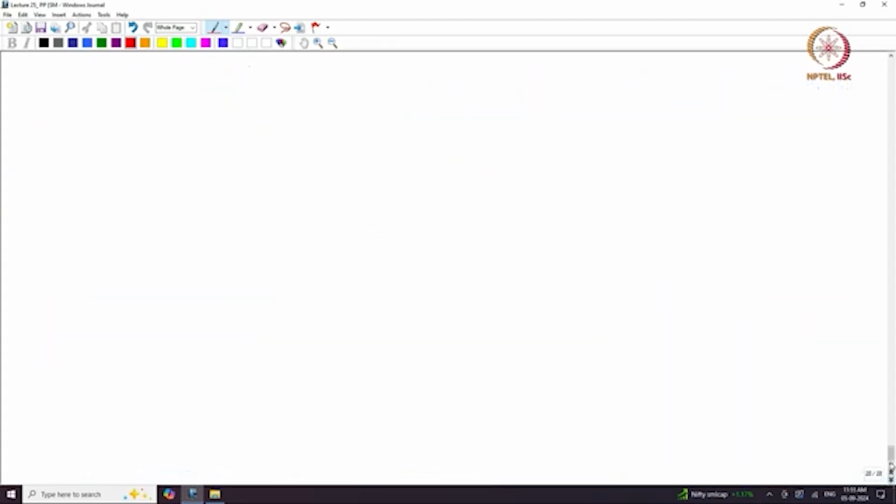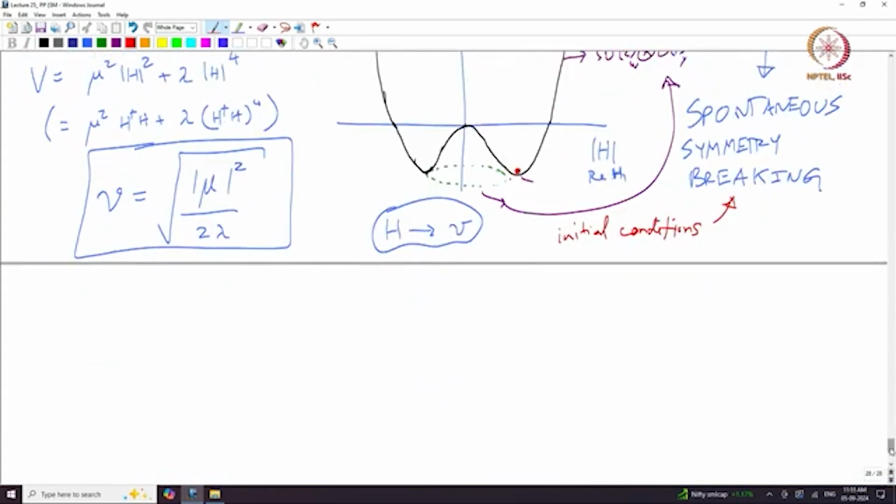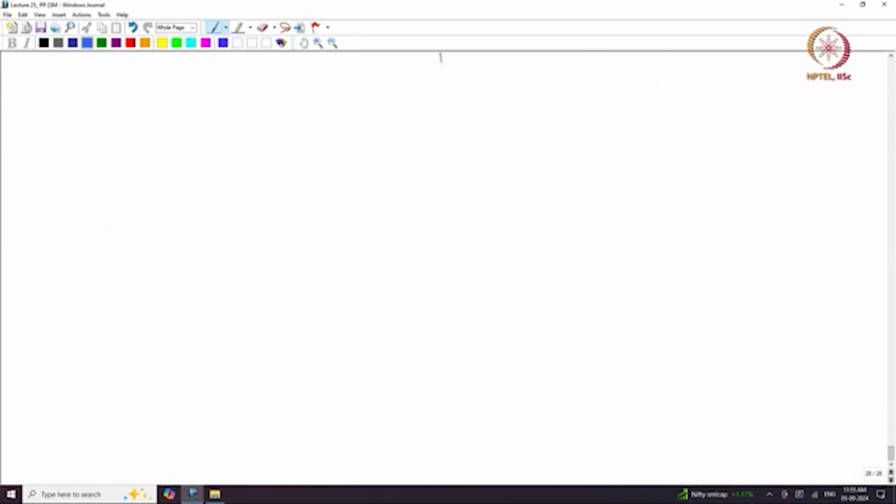Let us see a simple example. Imagine I am making a pencil stand vertically, okay, on a level table, let us say.